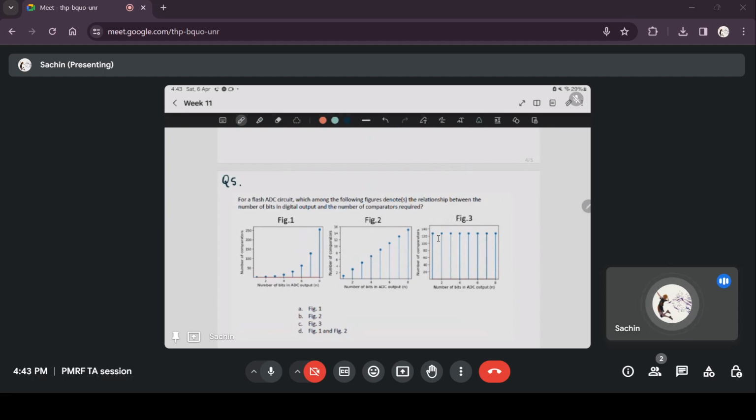In the first figure, the number of comparators is increasing exponentially with the number of bits in the ADC output. In the second figure, the number of comparators is increasing linearly with the number of bits. In the third figure, the number of comparators is the same regardless of the number of bits. They're asking which of the figures accurately represents what happens in a flash ADC circuit.